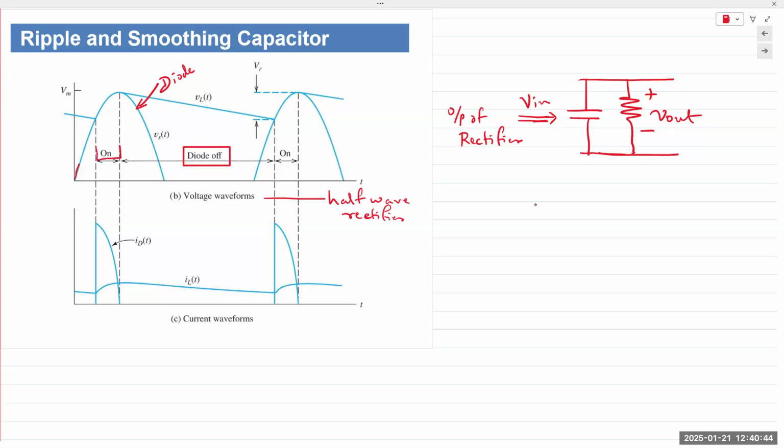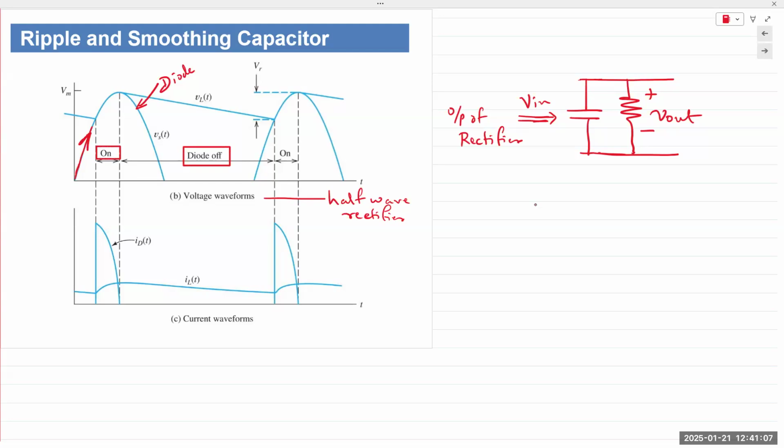Right here, it's on. So when the diode is on, you have the half peak, right? And when the voltage is climbing in the diode, the capacitor charges. The capacitor receives energy from the circuit, meaning the rectifier circuit, and stores that energy.